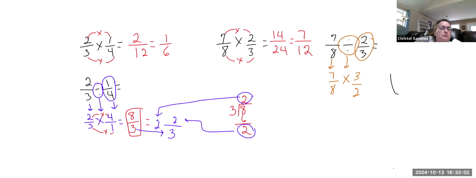Now, since it's a multiplication, how do I multiply a fraction? Just straight across, right? So 7 times 3 is 21, and 8 times 2 is 16.